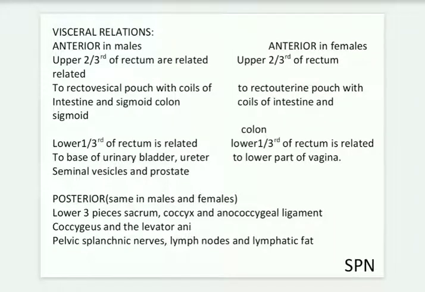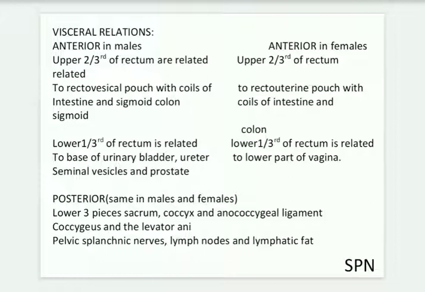Anteriorly in females, the upper two-thirds of the rectum are related to the rectouterine pouch with coils of intestine and sigmoid colon. The lower one third of the rectum is related to the lower part of the vagina. These are the anterior relations.